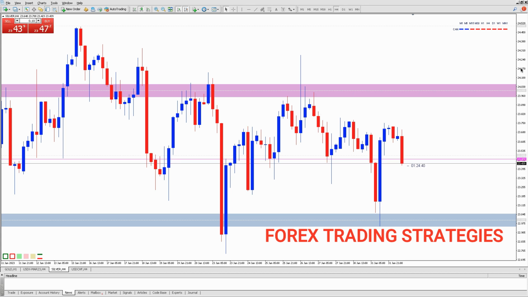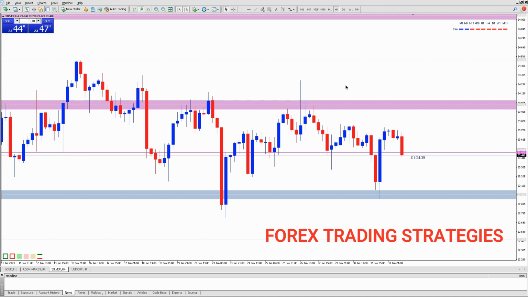As you can see on my chart, I do sometimes have levels for 25. This is the 00 level, this is the 50 level, this is the 00 level again. So you can see 2300, 2350, 2400. Sometimes I also have 2325, maybe somewhere around there.